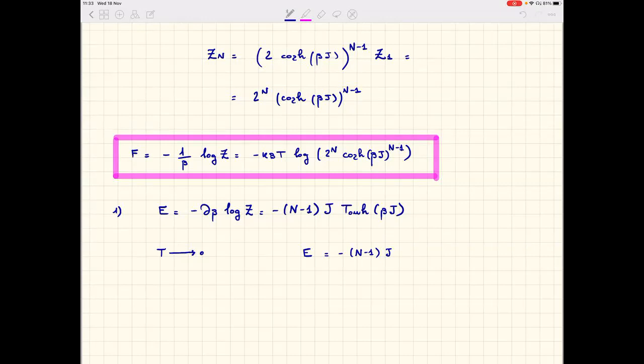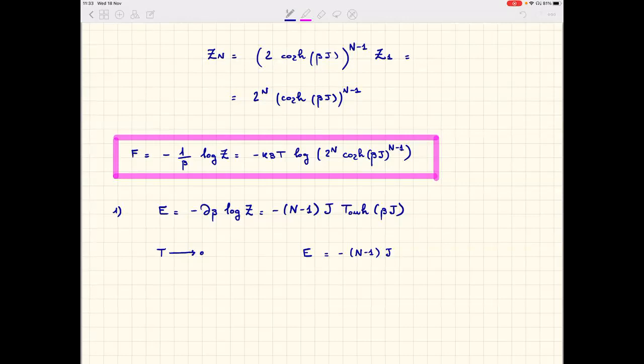No, I don't want to know it mathematically. Why do you expect the energy to be equal to this at temperature equal to 0? It's the minimum of energy. That's correct, but what does it correspond to physically? It's the ground state.